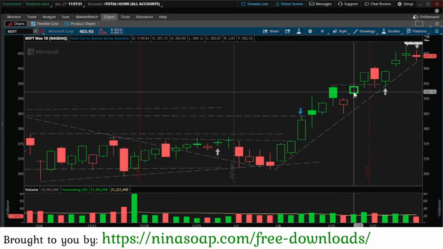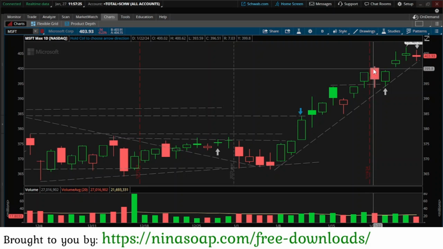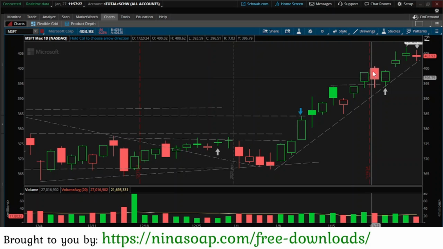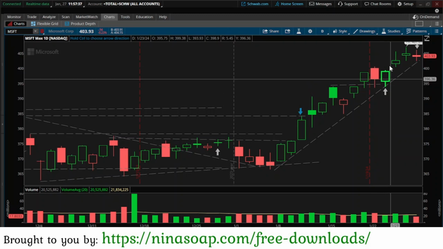And then it went up, and went down. No, I see this one, it opened up but then closed below. So it went down, and then we bought it when it was about to go up again.